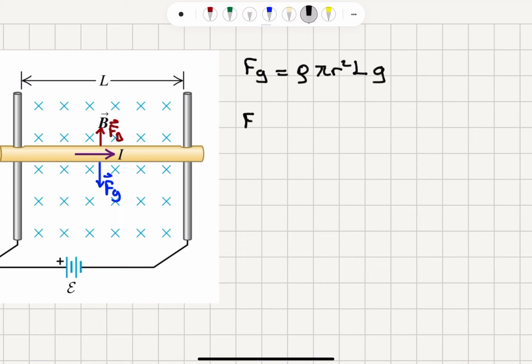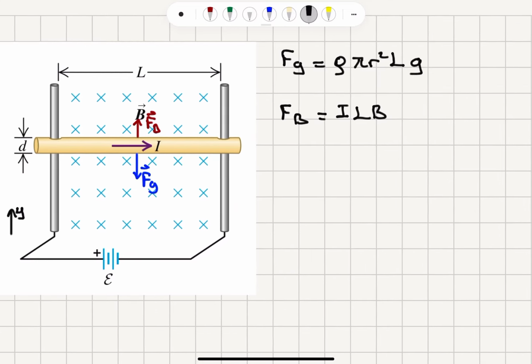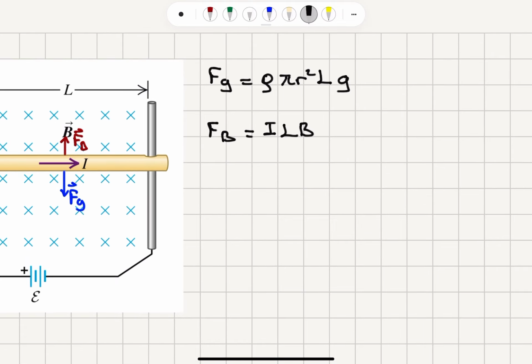The magnitude of the magnetic force is I L B, because the L vector and B vector are perpendicular to each other. And if I call this the y-axis, then the net force on the y-axis should be equal to 0.